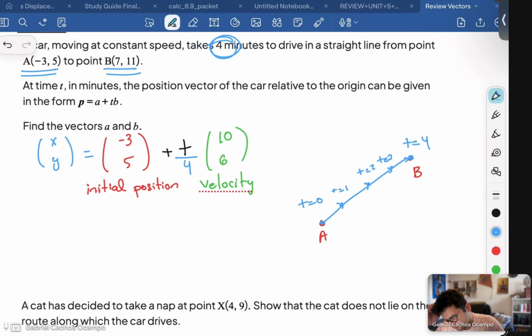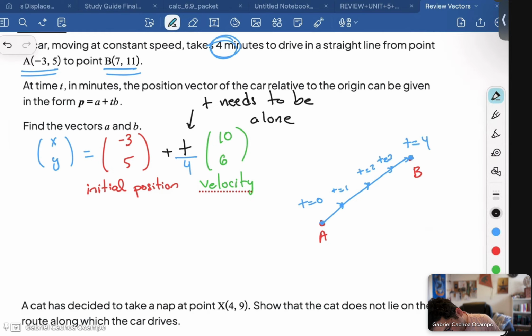But for me to write this correctly in vector form, I need to leave my t alone. T needs to be alone. Right now it has a factor of 1/4, so I am going to put the 1/4 inside, doing scalar multiplication.